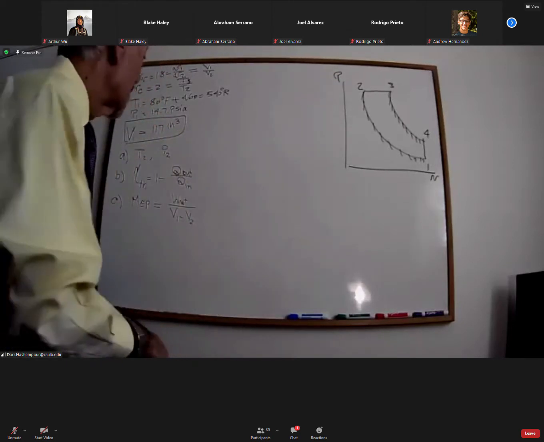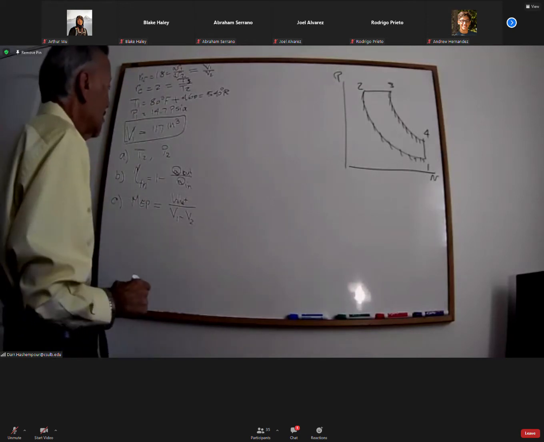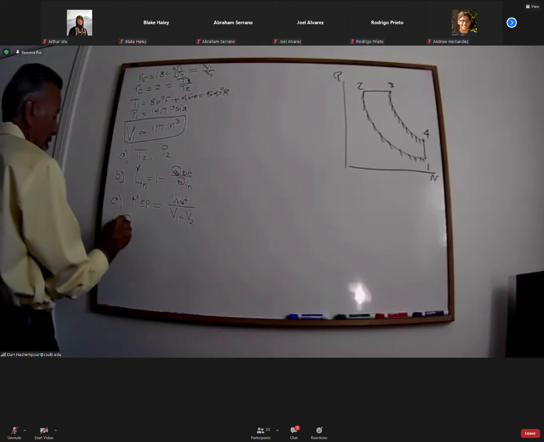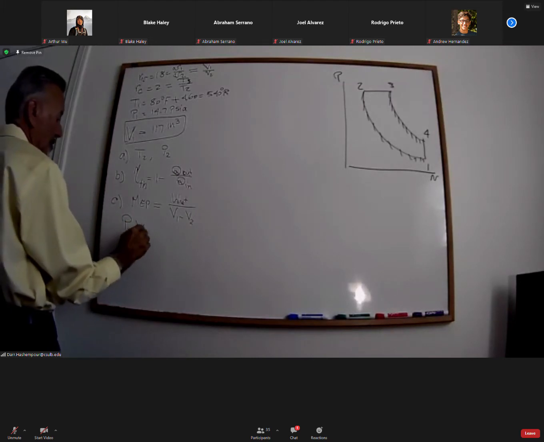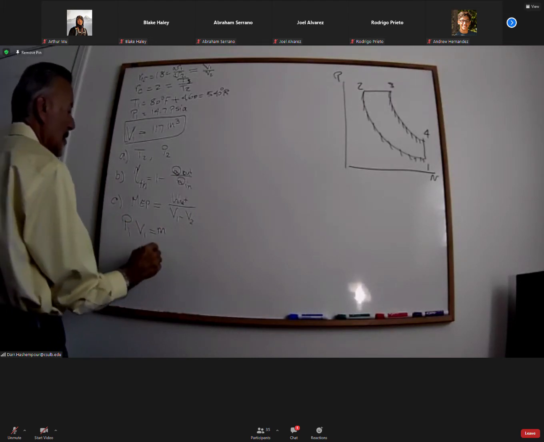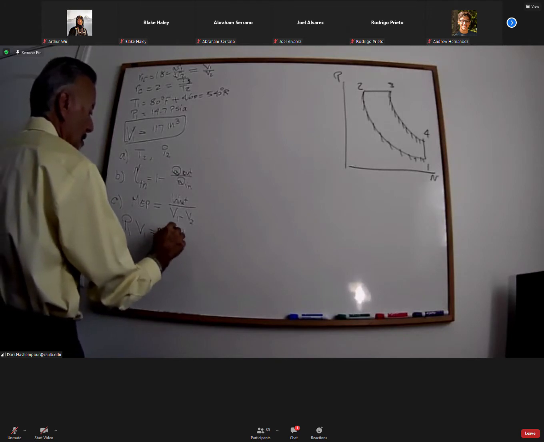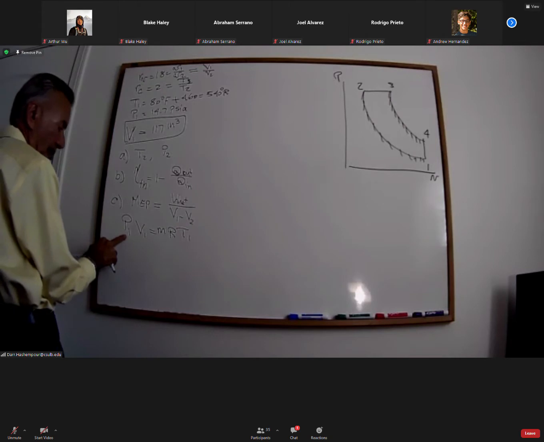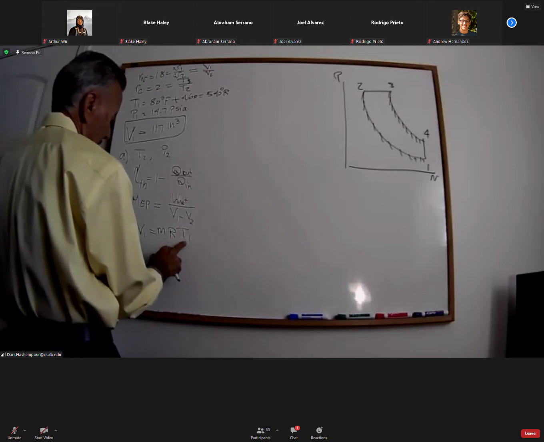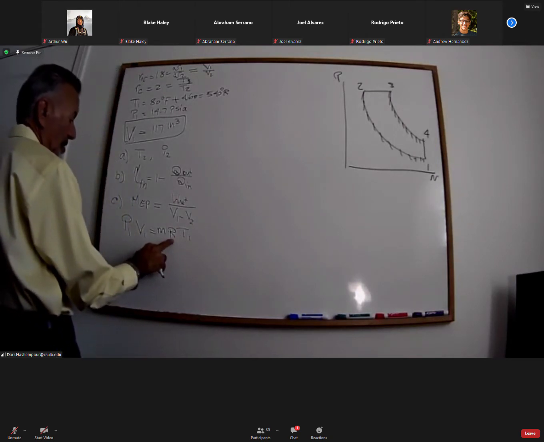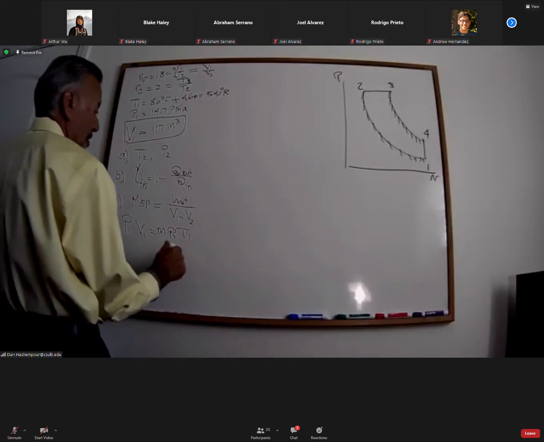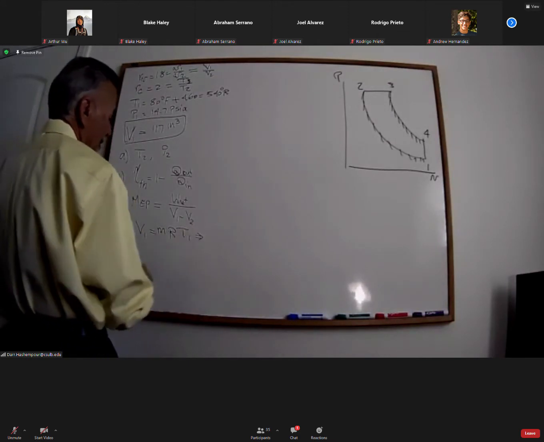Now, I can very quickly find the mass through this because PV1 is equal to mass times R T1. I have the pressure, I have the temperature, R is the gas constant, V1 is given. The only unknown here is the mass.